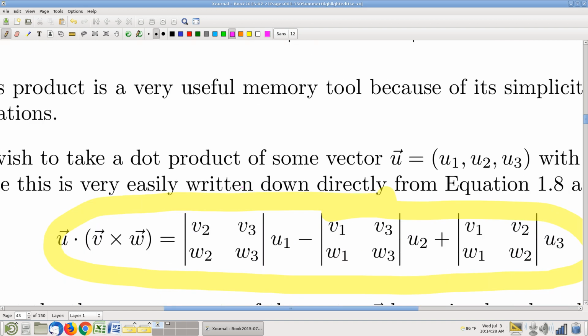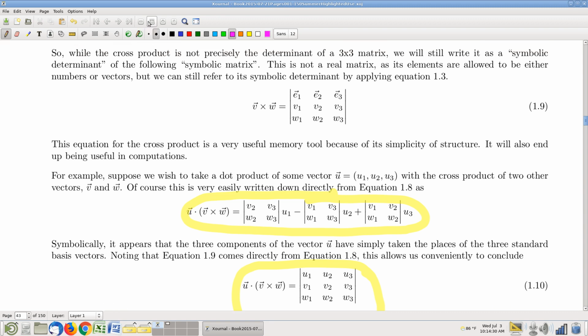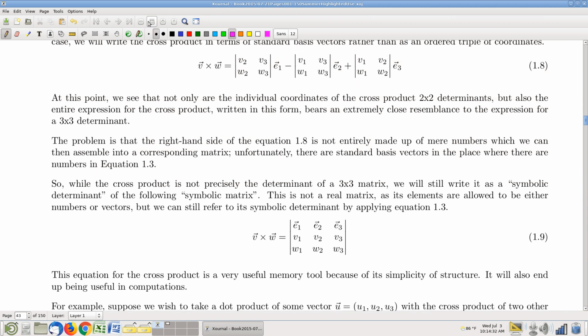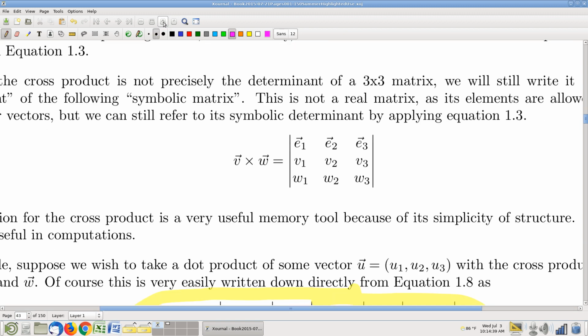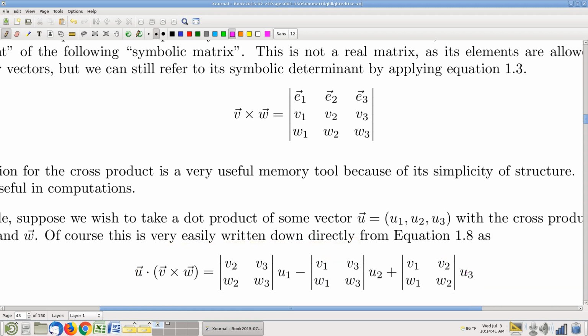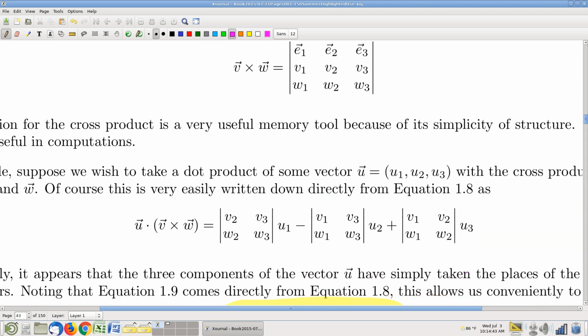Now here's another neat fact about determinants. Let's look at this expression, what I'm going to call a triple product. A dot product with a cross product. We saw this on our list of algebraic properties previously.